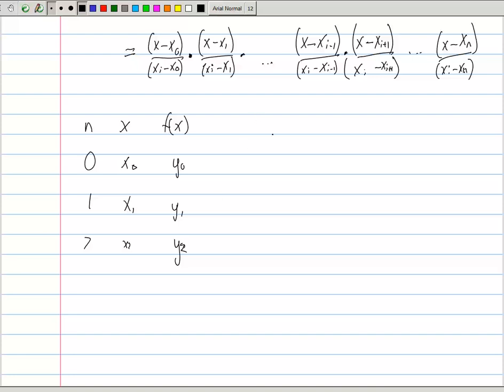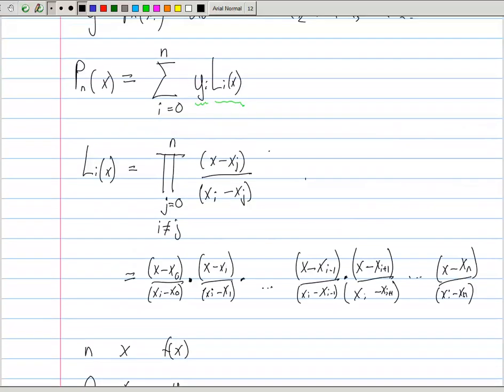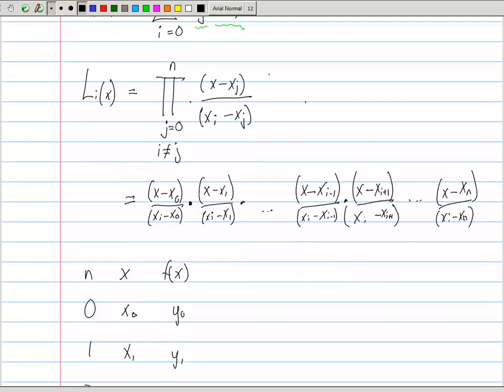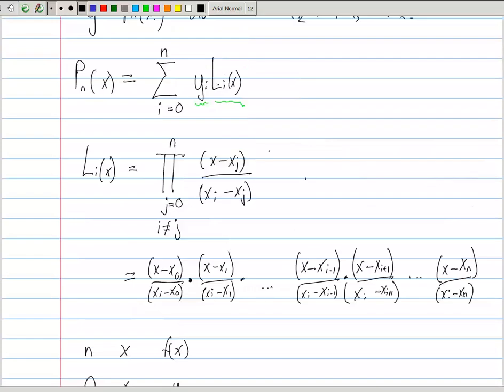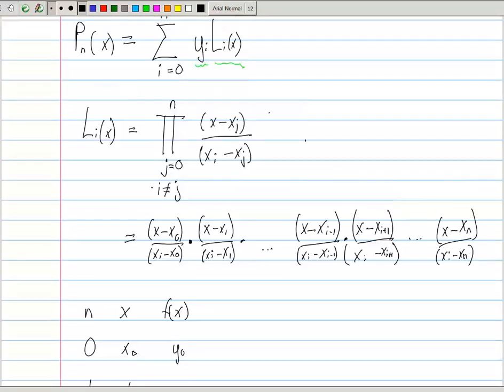We need to determine, because our polynomial is a sigma function, because we are summing up the y multiplied by the li for each of these terms. So our li here, remember our I in this case is dictated by that. So let's work out our L0.